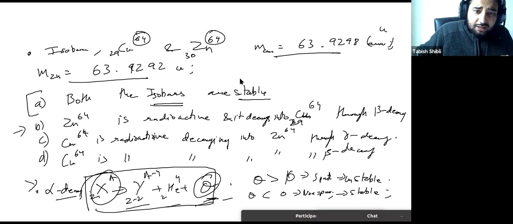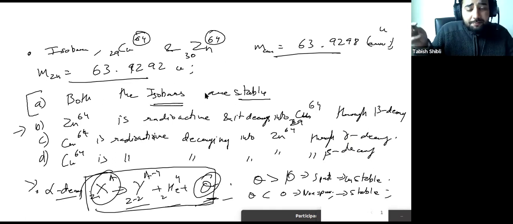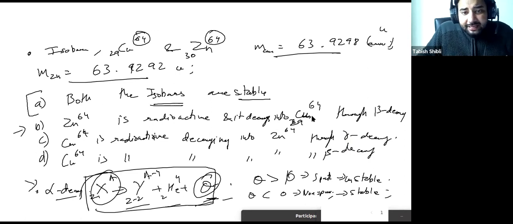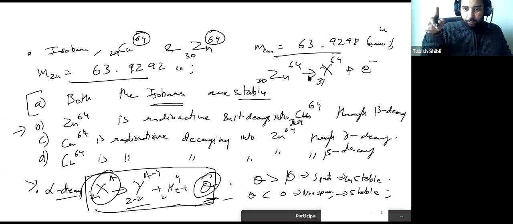What about B? B is saying that zinc 64 is radioactive, and it decays into copper 64 through beta decay. Well, zinc is 30, 64, and if it goes through a beta decay and releases an electron, that would mean that whatever is found here should have atomic number one more than zinc, right?